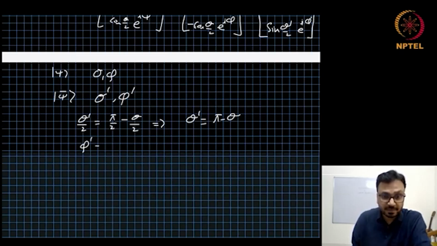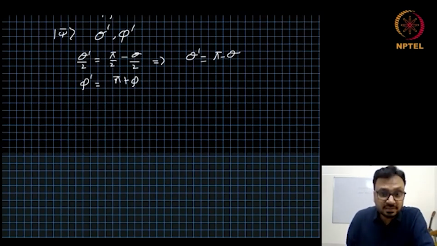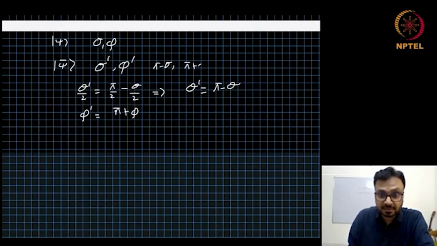Similarly, phi prime is pi plus phi. So these transformations tell us that if the coordinates of psi are theta and phi, the coordinates of psi orthogonal will be pi minus theta and pi plus phi.